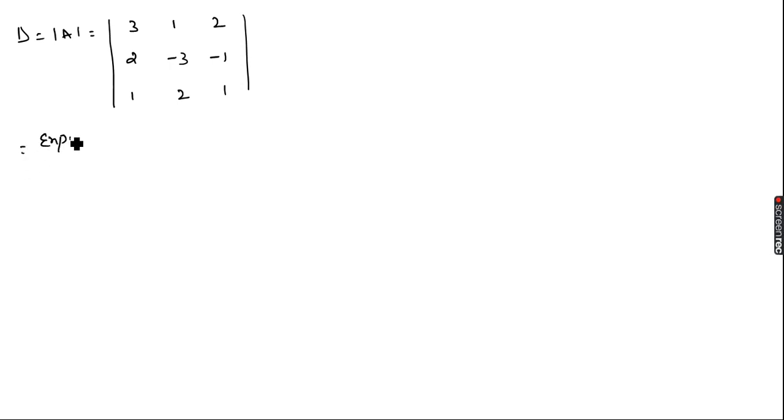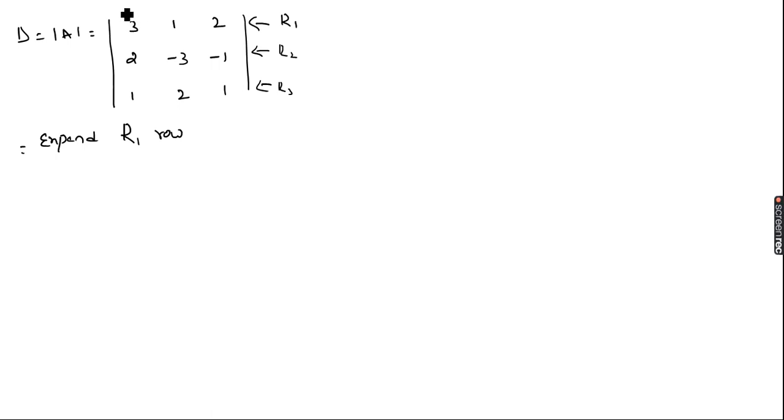Det A, delta, what is the determinant of A? It is 3, 1, 2, 2, minus 3, minus 1, 1, 2, 1. Delta indicates the determinant. Here we expand along any row, normally the first row R1.